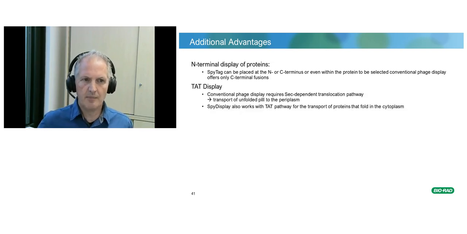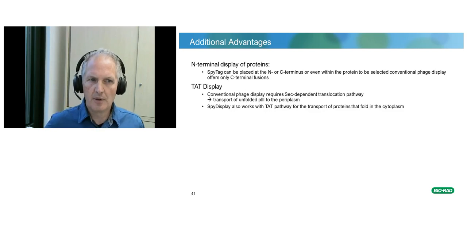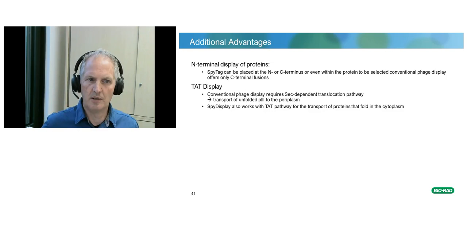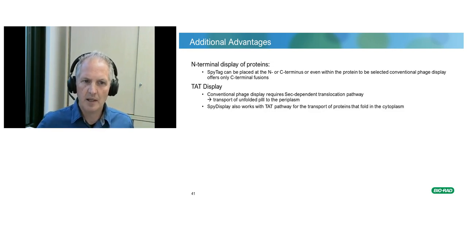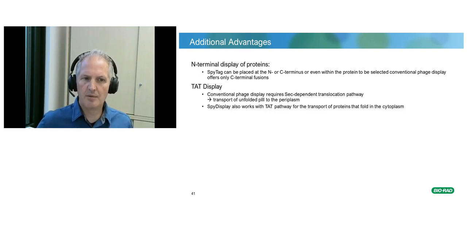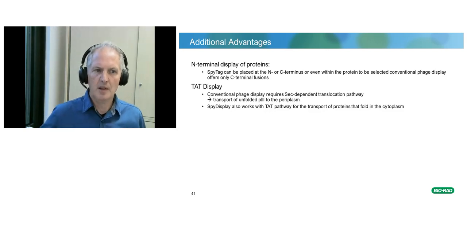And you can also use the TAT translocation pathway for your phage display. And so the Sec pathway is what we use for normal phage display and for our antibodies. It transports the unfolded protein to the periplasm. And this is required for the P3.